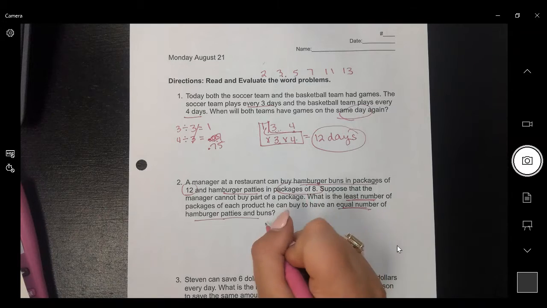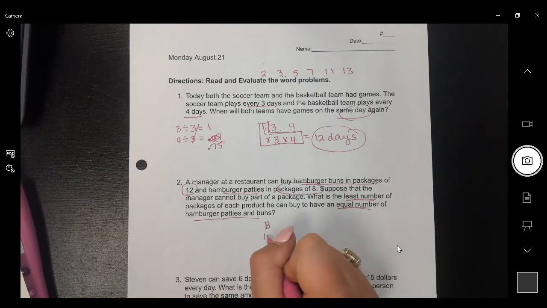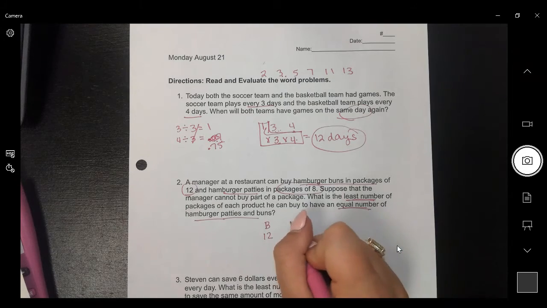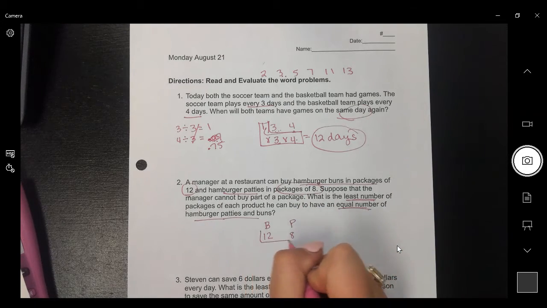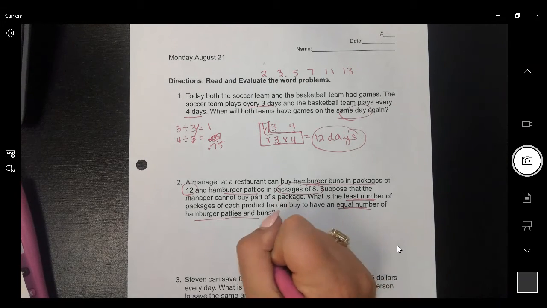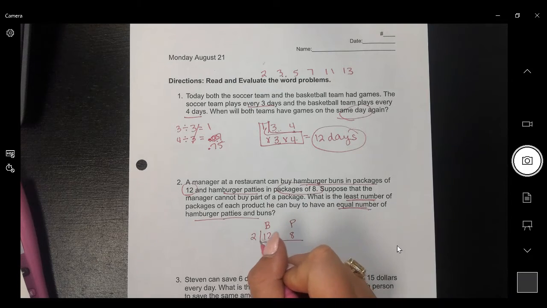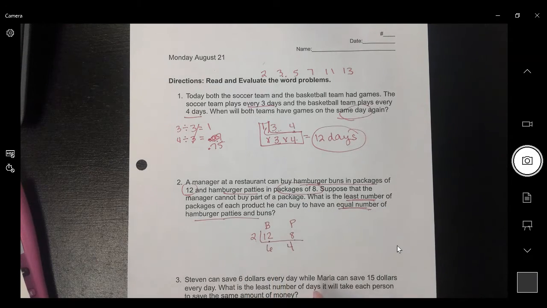So we'll start with hamburger buns. There are 12 in a pack for hamburger buns, and patties come 8 in a pack. So I can come here and do the slide. I know that both of these are even, so I'm going to pull out a 2. 12 divided by 2 is 6. 8 divided by 2 is 4.